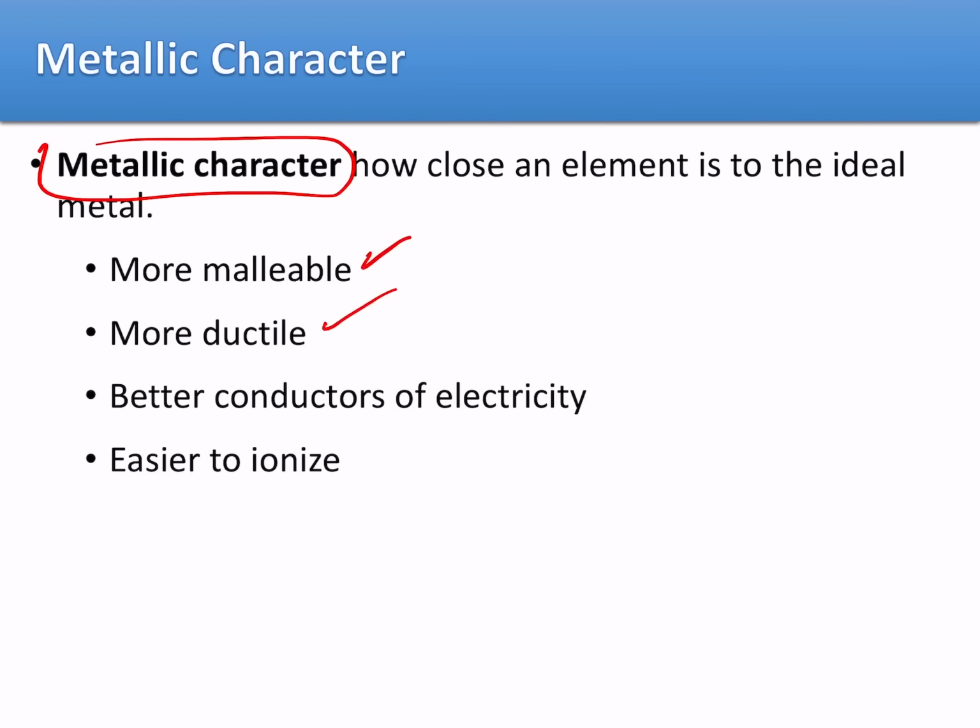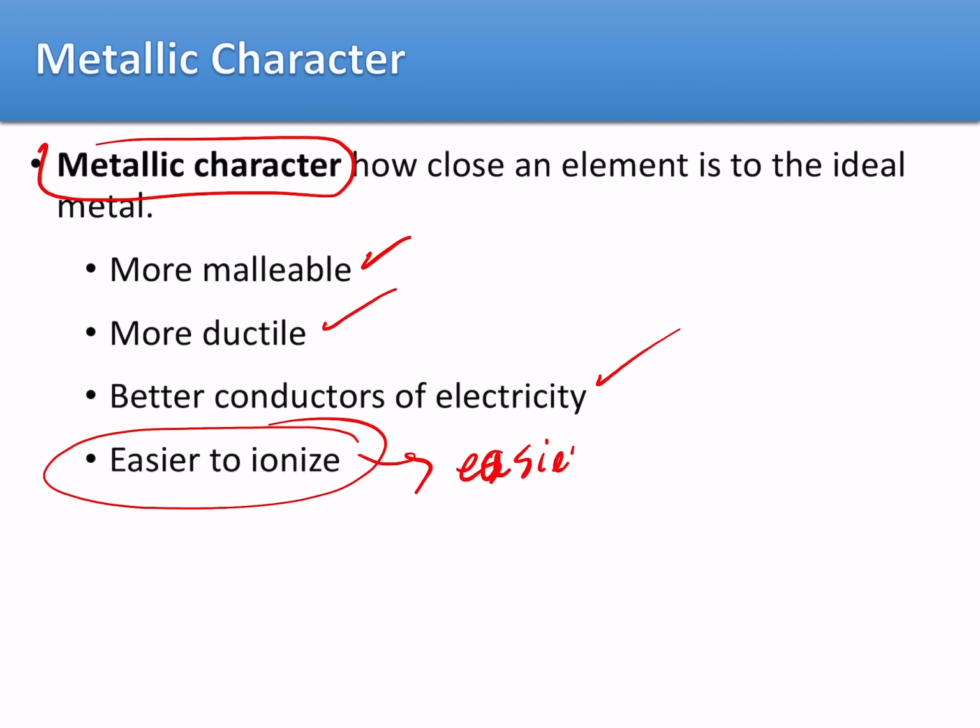But here, again, from the point of view of chemistry, they are easier to ionize. And easier to ionize, in this case, means easier to lose electrons. That's what a metal will do. If they are ionized, it means they are losing an electron, because that's what metals want to do.